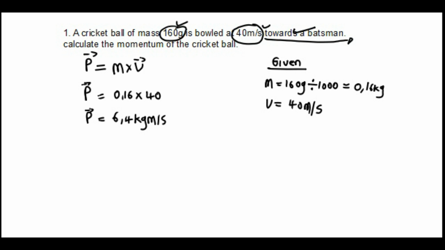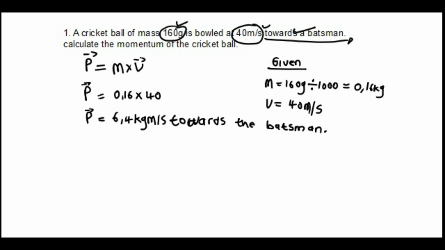So our momentum is 6.4 kilograms meters per second towards the batsman. And that's your answer.